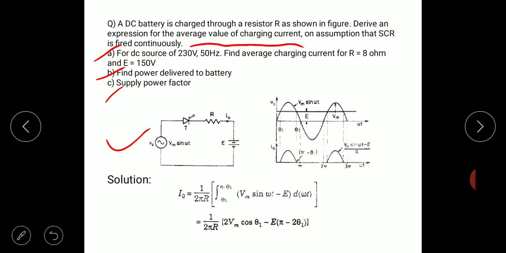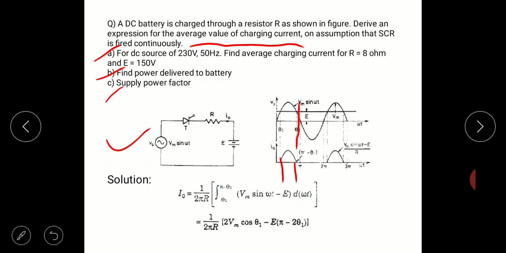So in this case you are seeing that there is no inductance. So Vm sin omega t and capital E we have drawn. The point of intersection is theta 1. Before theta 1 the SCR will not conduct, and this angle theta 2 becomes pi minus theta 1. Since the load is resistive, the nature of current will be similar to the nature of voltage.